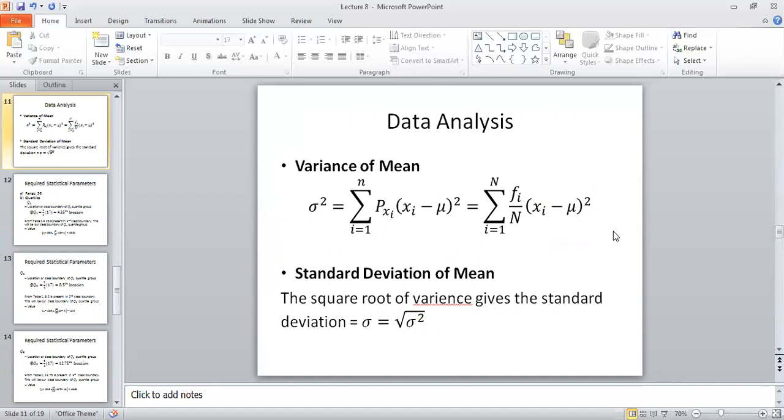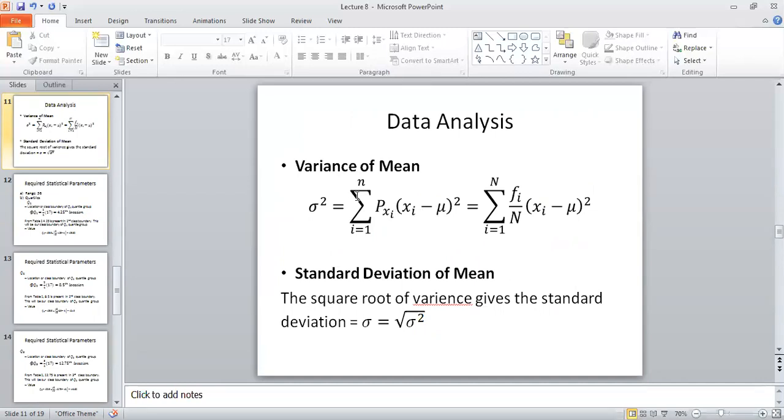Now, lastly, we have the variances or the standard deviations, which are the error squares and errors respectively for the mean. If you recall, when we were doing the variance calculations for the ungrouped data statistics, we used this equation: the probability of each value in the data set multiplied by the squared difference of the value from the mean value, summed over the whole data set.